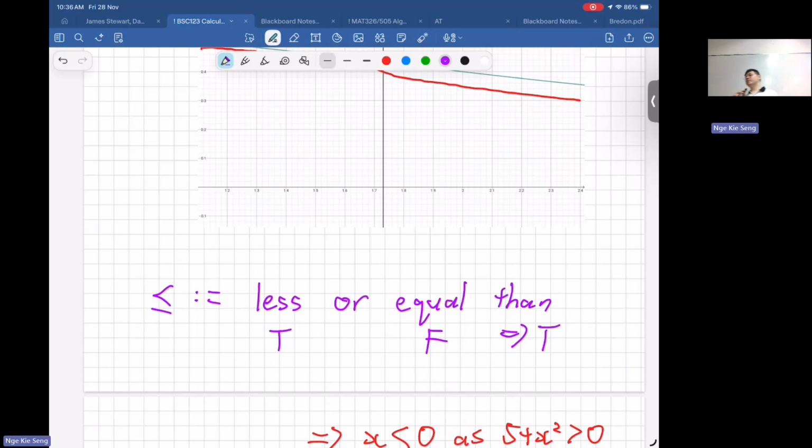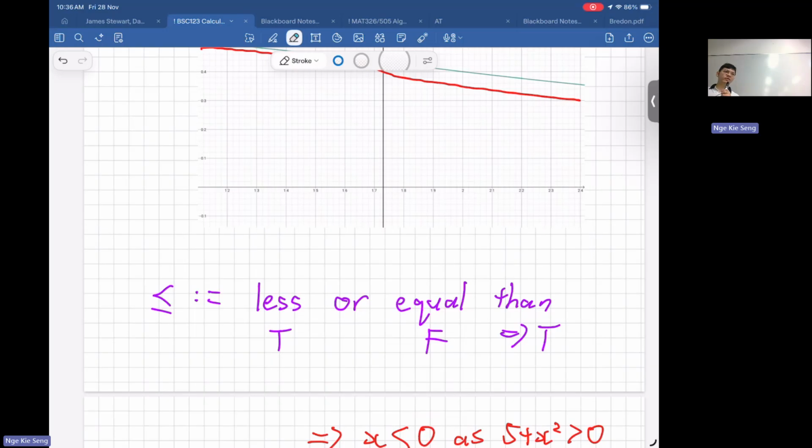But we try to remind you not to take the equal sign in this class, so that's why we penalize you. But in terms of logic, it's fine, because for the proposition P or Q, if one of them is true, then the whole thing is true. Does it make sense?